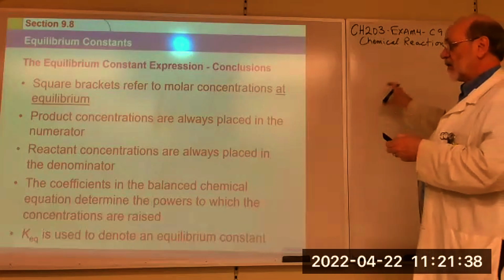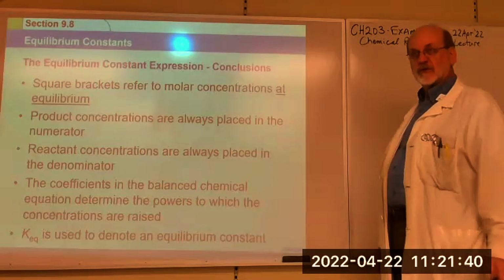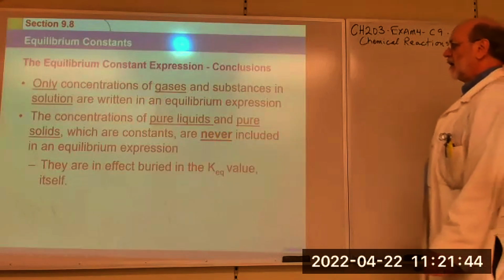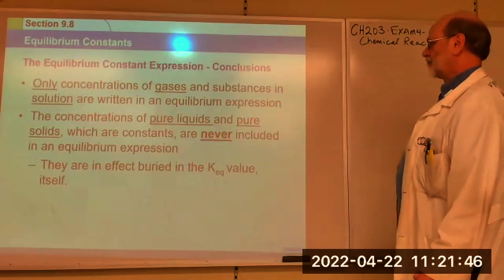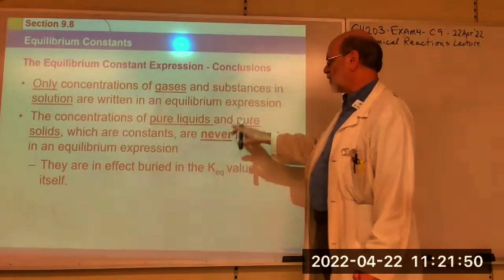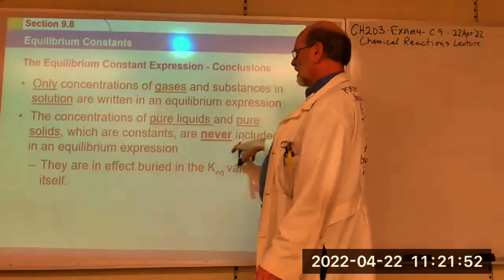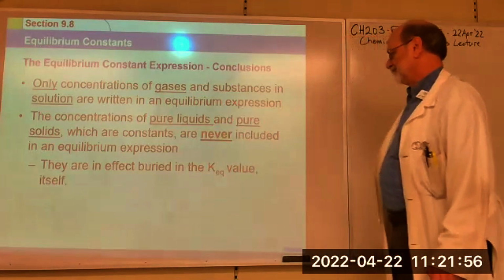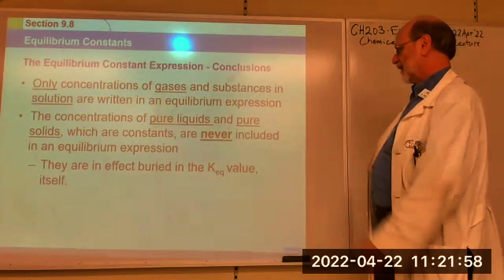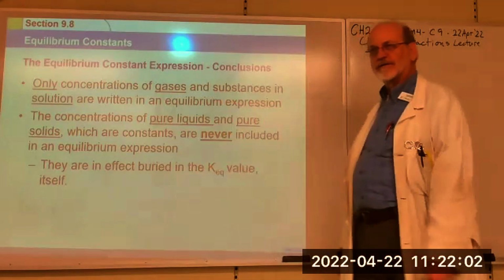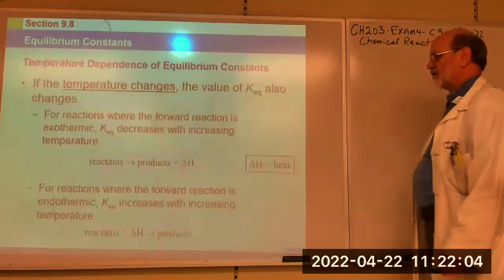And then you just have to be real careful about your calculations and you'll come out all right. Oh, here it is. So pure liquids and solids are never included in the equilibrium expression. They can be viewed as sort of buried in the K value if you want. Otherwise, just ignore them.